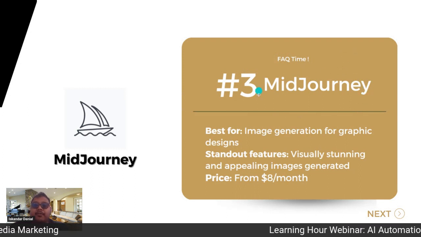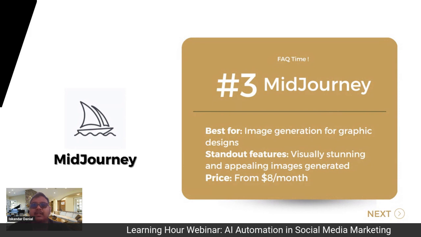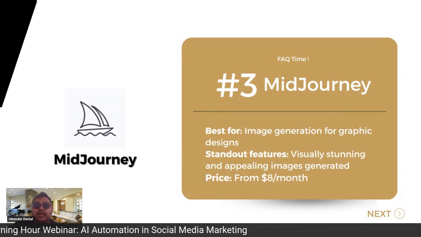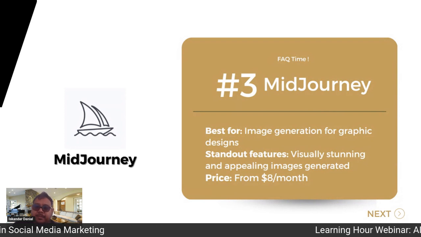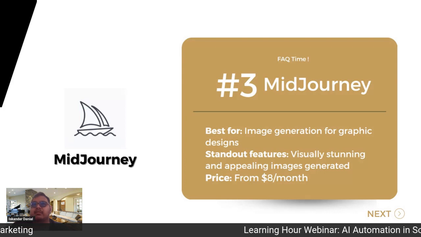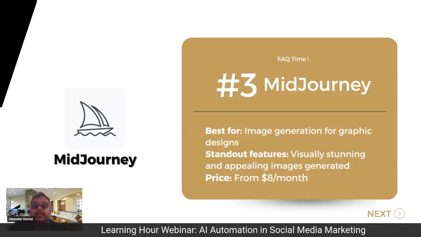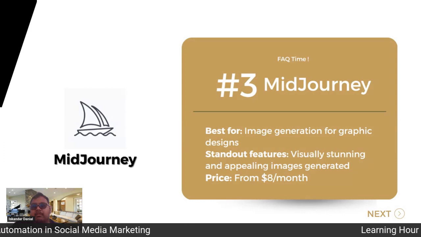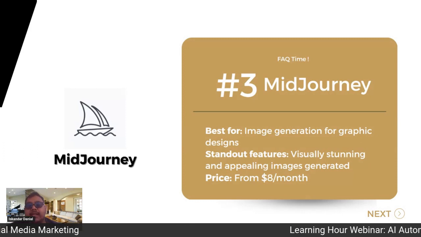Apart from Midjourney, we also have DALL-E 2, which I think is under the same company as ChatGPT. Then we also have Stable Diffusion. But among these three AI tools for image generation, Midjourney comes out the best.